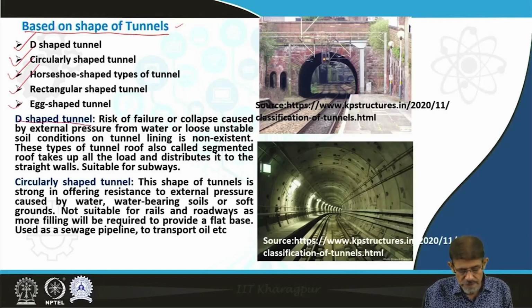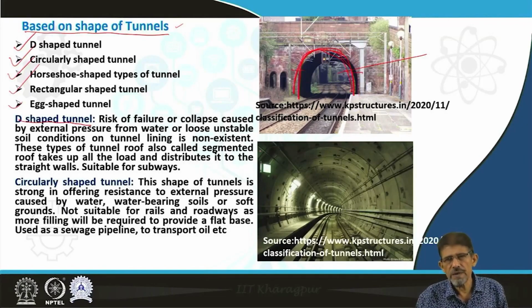The D-shaped tunnel, in case of this D-shaped tunnel, you can see here, and you can observe this type of structure also in English structures, in India and throughout the world. They are expert in constructing arch structures to transfer the whole load from the top portion to the piers or walls associated with this arch type of structure.